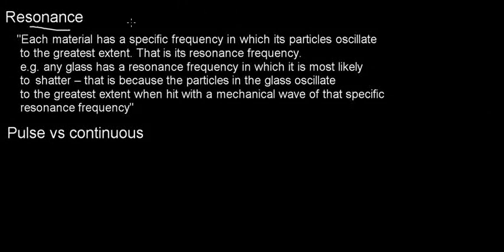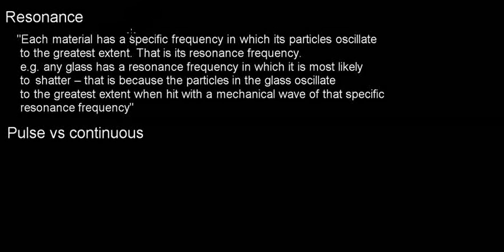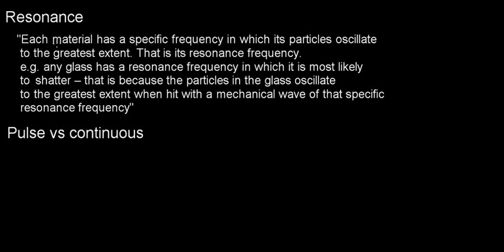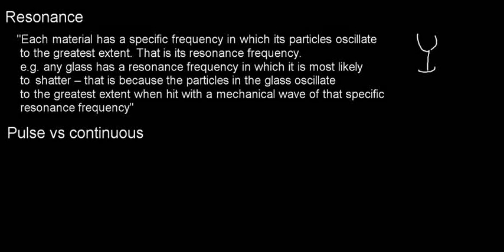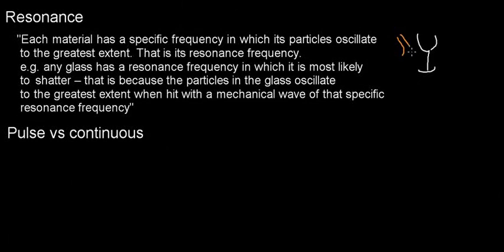Resonance, and this is just a quote from my own lecture notes. I just found this the easiest way to explain it, so we're just going to read it out. Each material has a specific frequency in which its particles oscillate to the greatest extent. This means that if I have, let's just say, a glass, and I can bombard it with ultrasound of frequency X, it is going to have a certain response.